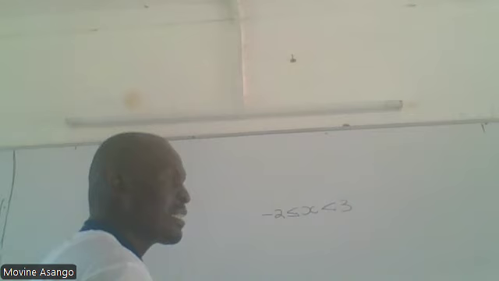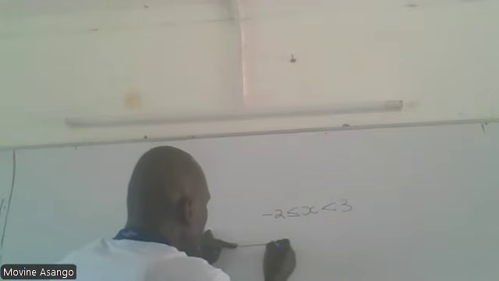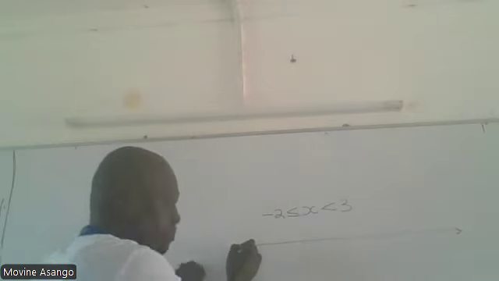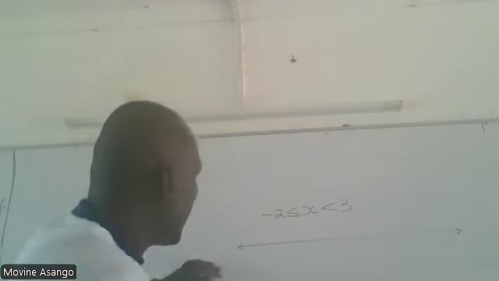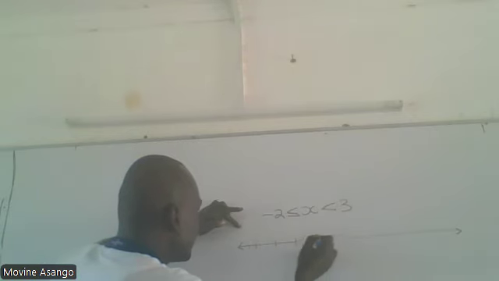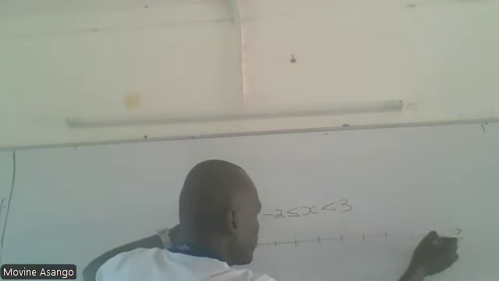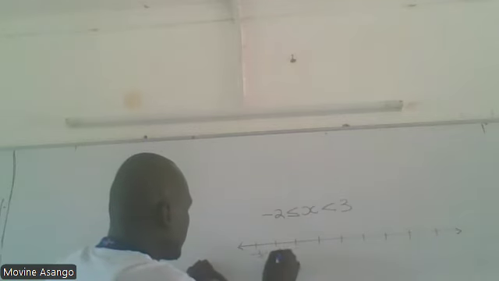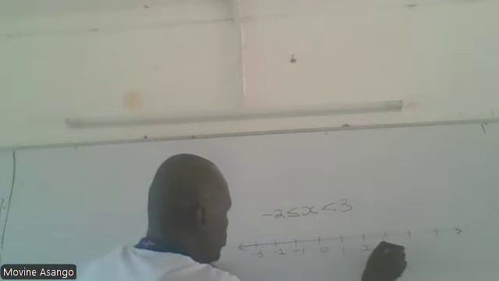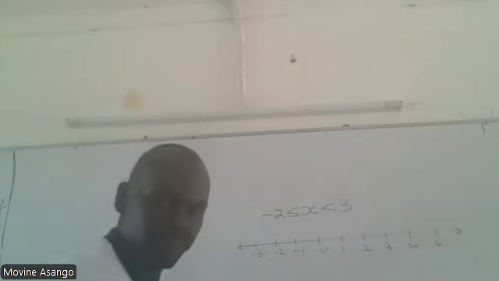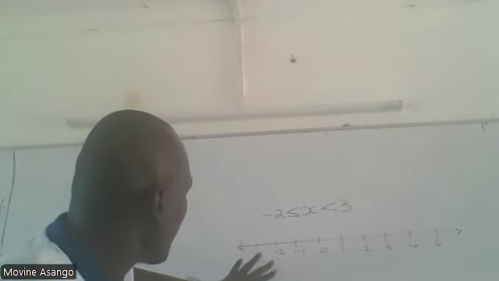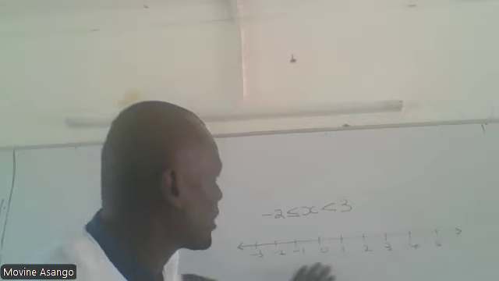Yes, that one. And I said the number line must be straight. I said it must have arrows on both ends. And I said when you are dividing it, the intervals must be equal and carrying all these values, for example -3, -2, -1, 0, 1, 2, 3, 4, and so on. The values in your inequality must all fit in the number line.